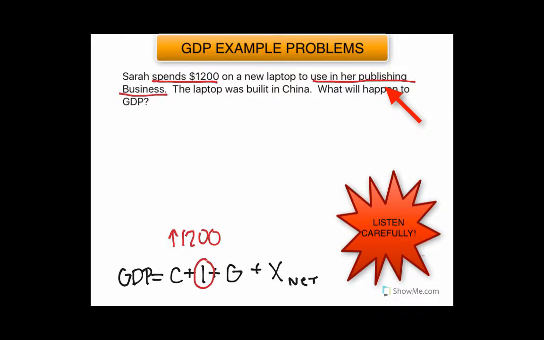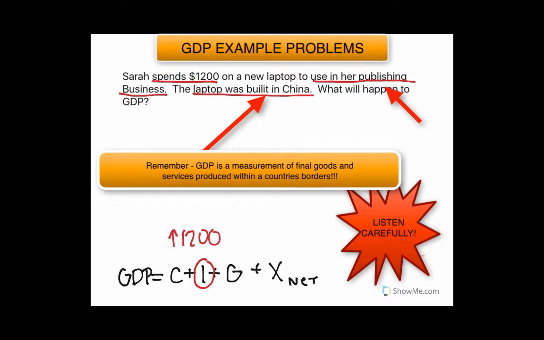But then what happened? The laptop was built in China. And if we remember the definition of GDP, it's only the final goods and services that were created or produced in this country. And so when something is imported or exported from a different nation, we have to use this portion of the equation, net exports.